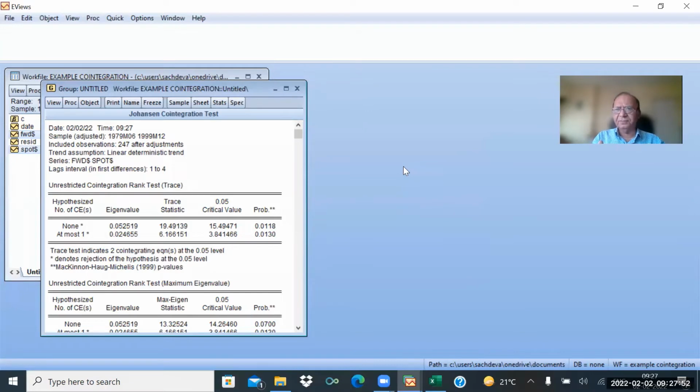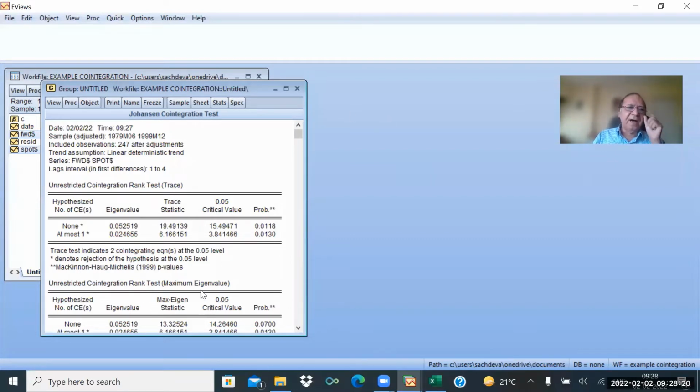You can observe both, or you can observe trace statistics or eigenvalue. Now, what is the null hypothesis? The null hypothesis is that there is no cointegration. But it does not tell us with only one equation. It tells us whether there is one equation, two equations, three equations.